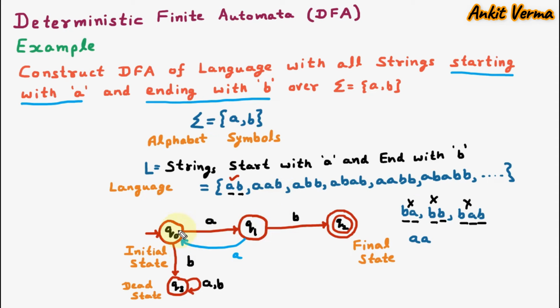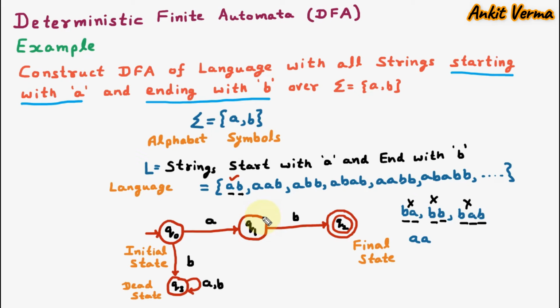And for B, we go to Q3. Here we can see that this string is not accepted by this DFA. But this is wrong because this string is part of the language, because it starts with A and ends with B. It should be accepted. So this DFA move is wrong. We should try some other thing.